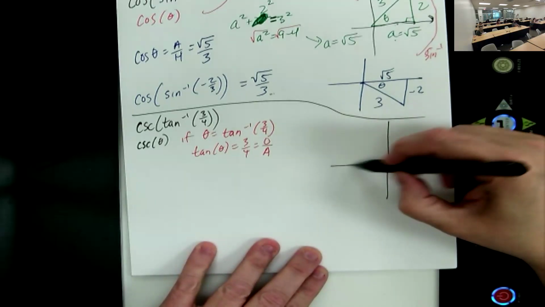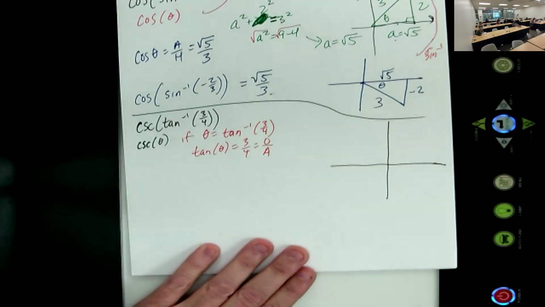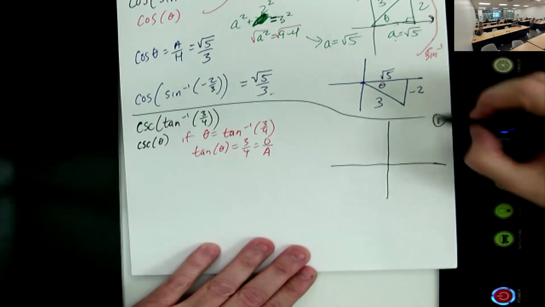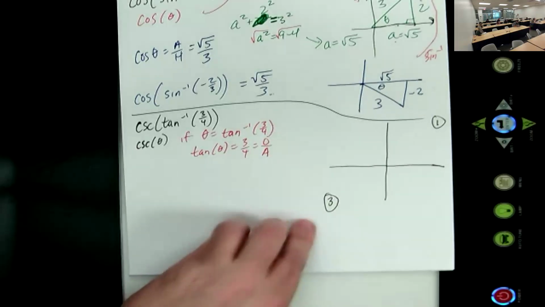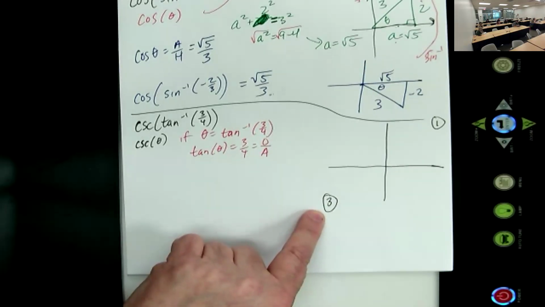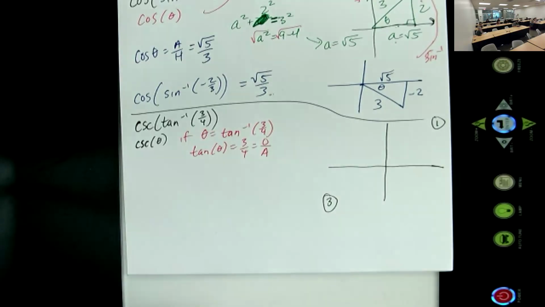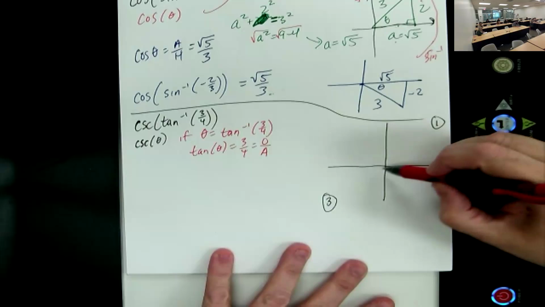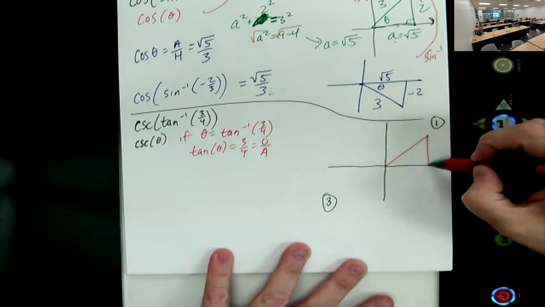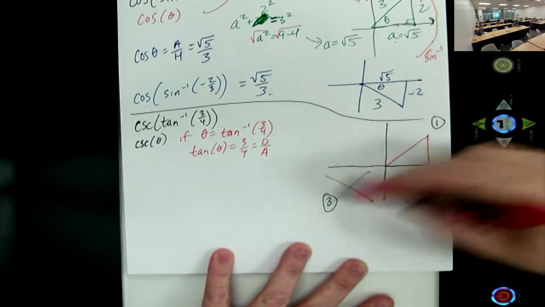So if you're picking where it goes, what quadrants is tangent positive in? Tangent's positive in 1 and 3. But 3 wasn't in any of our domains for the inverse. So that means our triangle is locked into quadrant 1. That's outside tangent.